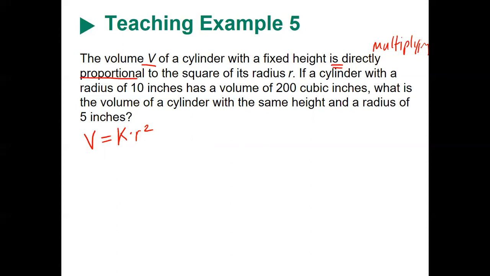All right, so now if a cylinder with a radius of 10 inches has a volume of 200 cubic inches, what is the volume of the cylinder? So we know that it has an R of 10. If R equals 10 and V equals 200, can we solve for our K, our constant?